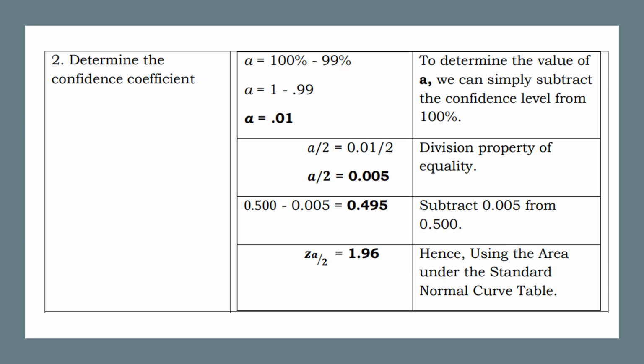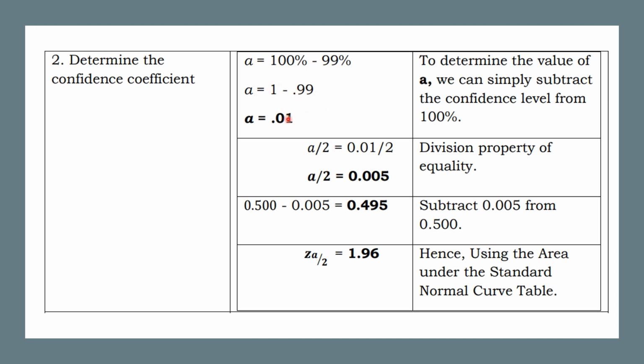Now, the next step is to do the following. We have alpha equal to 100% minus the given confidence level, which is 99%. We just convert them into decimal form. So alpha is equal to 1 minus 0.99.